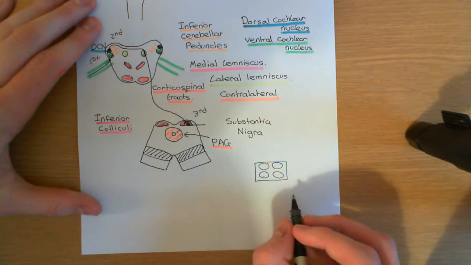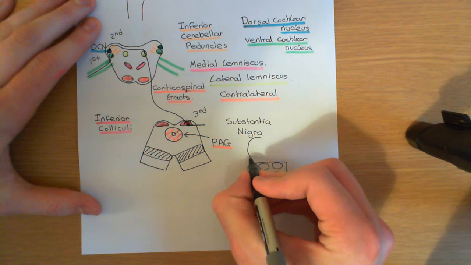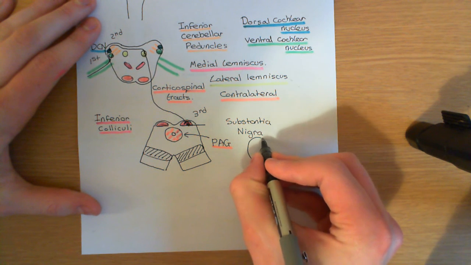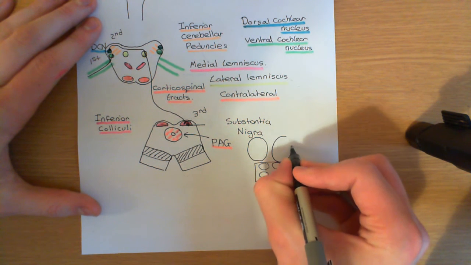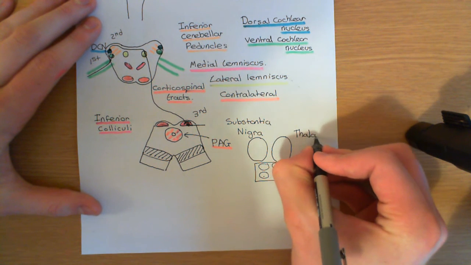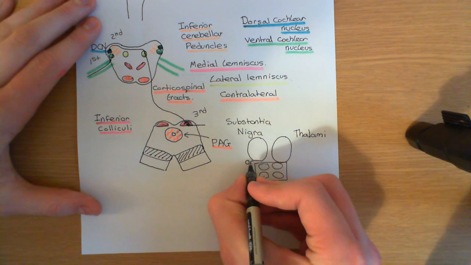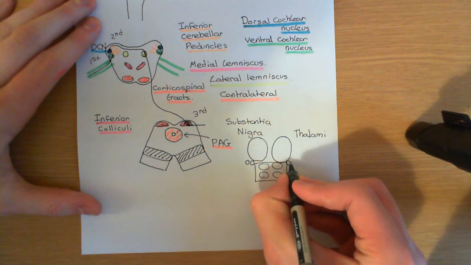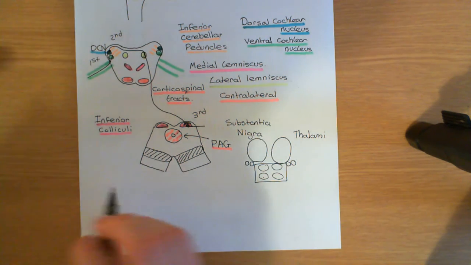And now I need to add on structures that are going to be sitting above the midbrain. So above the midbrain you have the thalami. So here is the left thalamus, and here is the right thalamus. So these are the thalami, and underneath the thalami you have two important bodies or nuclei known as the medial geniculate nuclei and lateral geniculate nuclei, which I've put here.